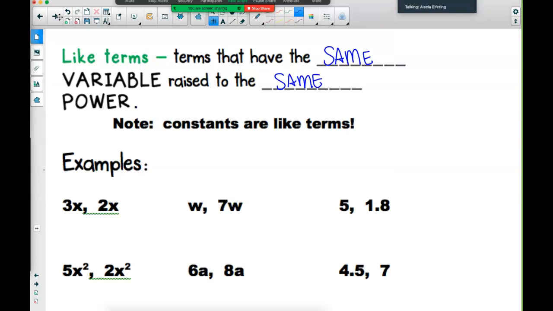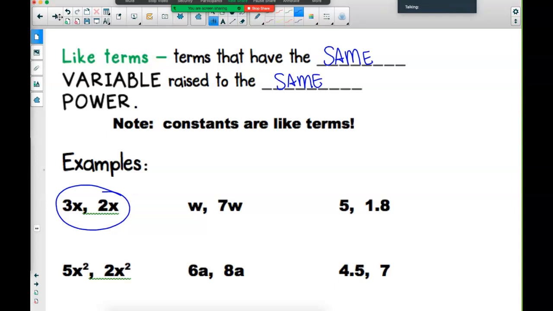Okay, so you can see some examples up here. 3x and 2x are like terms. Okay, the 3 and the 2 don't matter at all. It's the x's. They both have the variable x, and there's no exponent on it. So they're like terms.